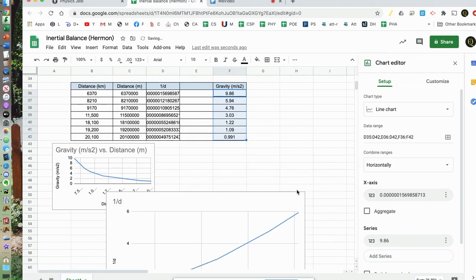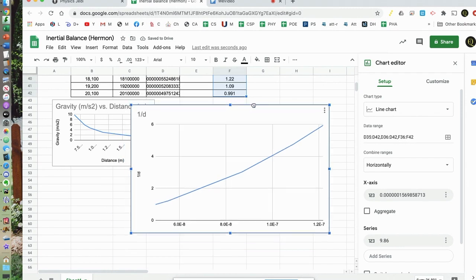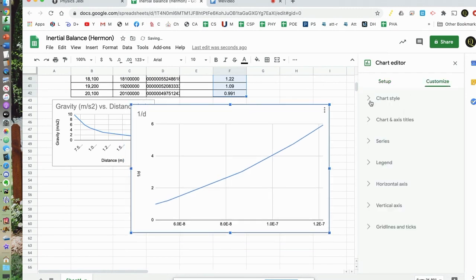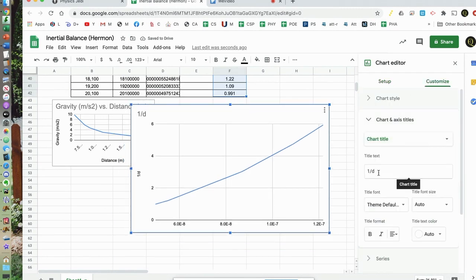Click OK. There we go. Now we have it. Let's go to customize, chart axis titles, chart title. This is gravity versus 1 over distance. Okay, we'll leave it like that.